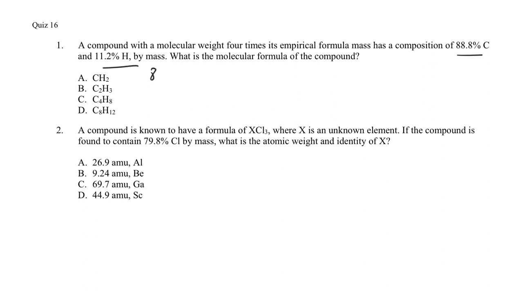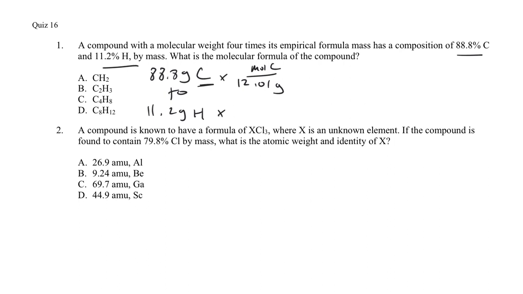So from 88.8 grams of carbon present for every 11.2 grams of hydrogen, I should be able to get the number of moles in those masses, and then I can try to get a whole number from there. So I'm going to use the molar mass of carbon, 12.01 grams per mole of carbon. Just go to the periodic table for carbon.